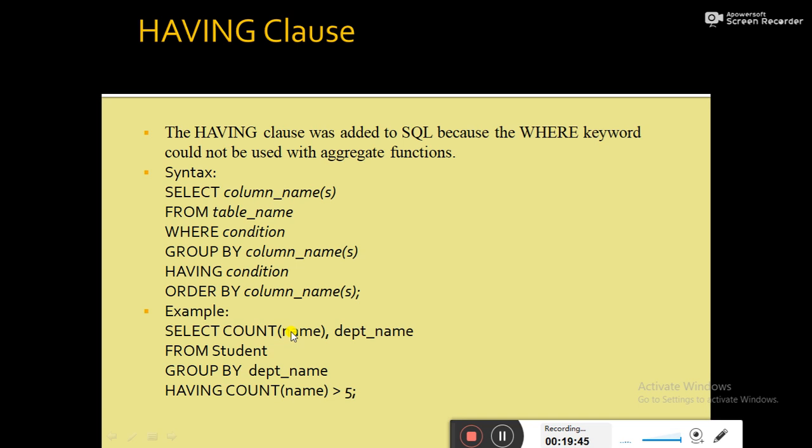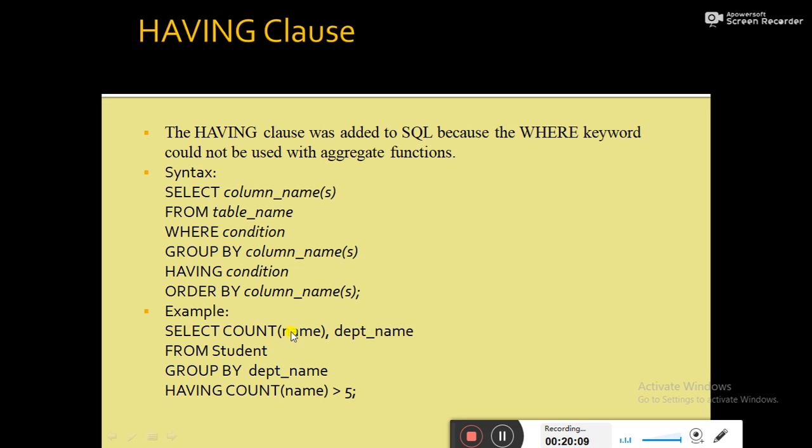Suppose CSE department has 20 students, IT department has 20 students, but ECE department has, suppose, 4 students. Now we have to display the number of students present in each department, but only those departments which have more than 5 students.